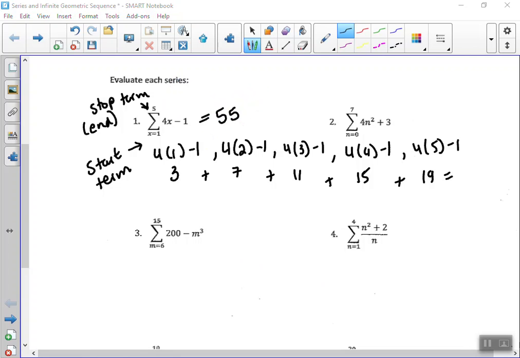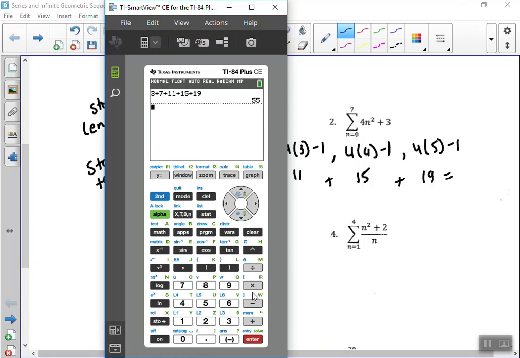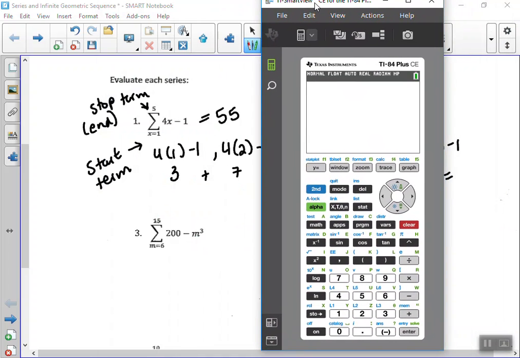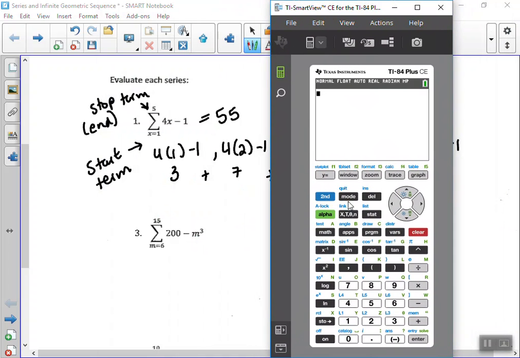But I did promise you that I'm going to show you how to do this in the calculator. So to put this in the calculators, everybody has it, right? It's in math. Almost everything we need in Algebra 2 is in math right here. So hit math, and then go all the way down to summation, which is right here. And then it brings it up for you.